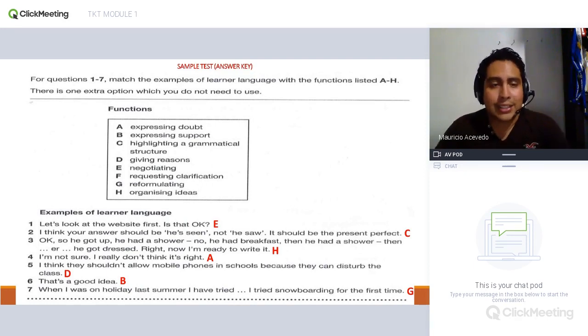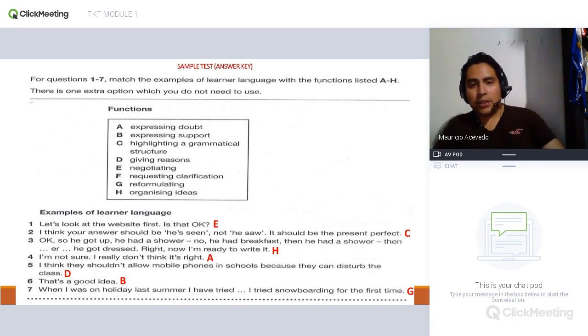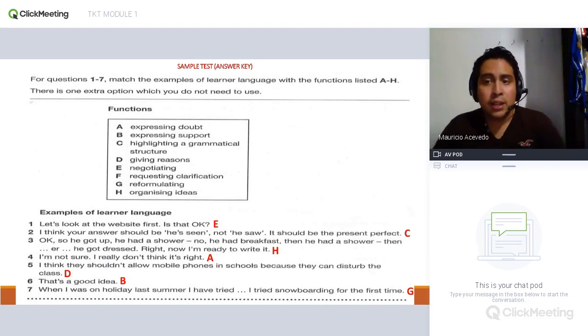So in this case, it's giving reasons. The person is saying that it's not a good idea to have cell phones. So he is like recommending. He's giving a reason that you are not allowed to have a cell phone because they are distractors.